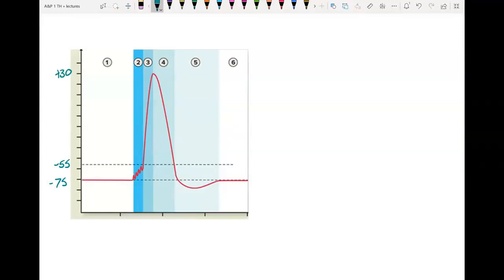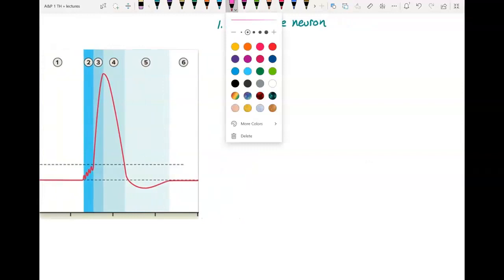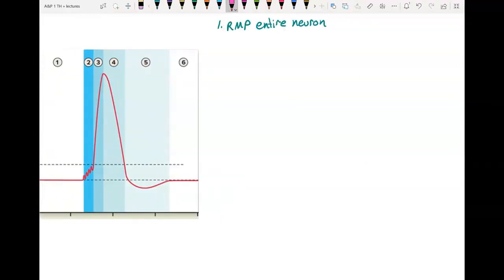So we begin step 1. You're at resting membrane potential. And at this time, we know that potassium is in and sodium is out.